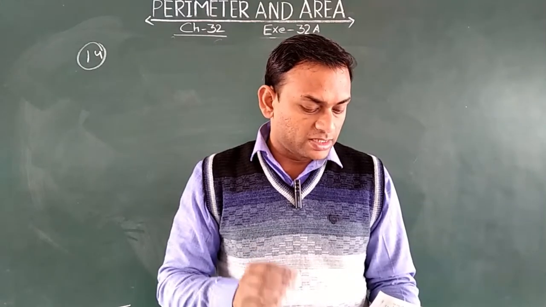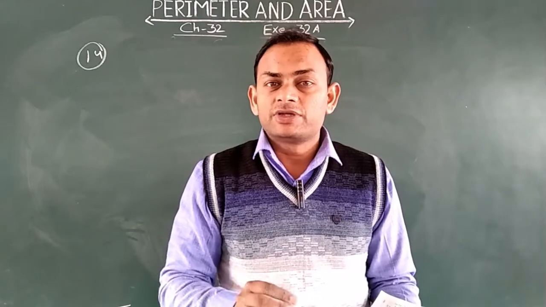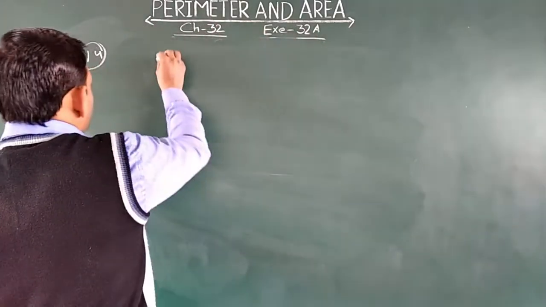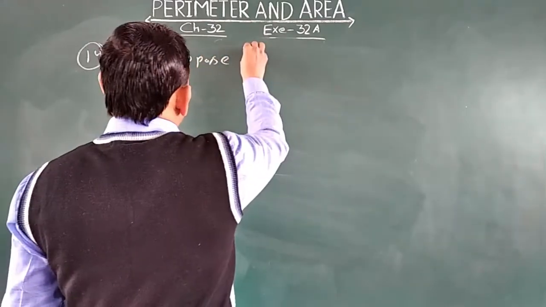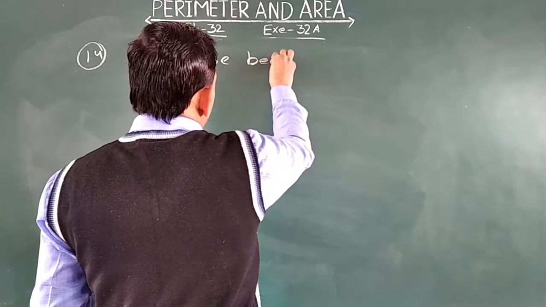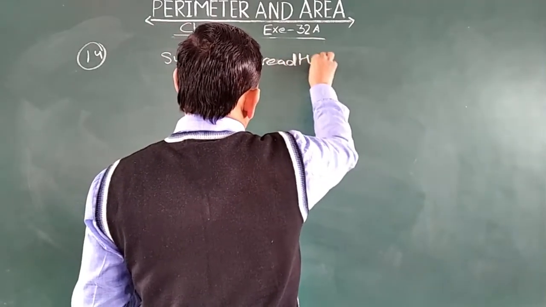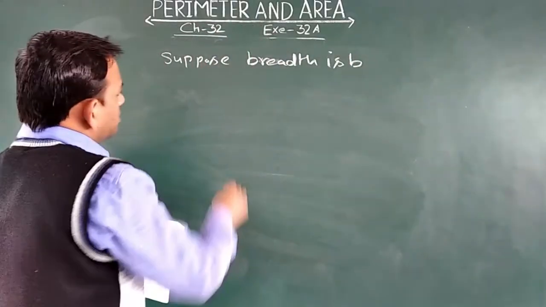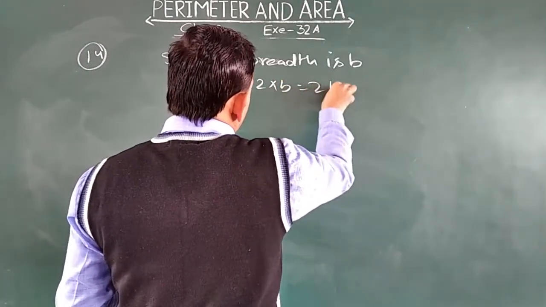This question is saying that the length of a rectangle is twice its breadth. So first of all we will suppose that the breadth is B. Okay, we have supposed that the breadth is B, so L will be 2 into B, means 2B.